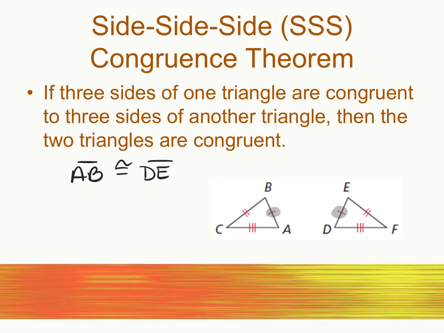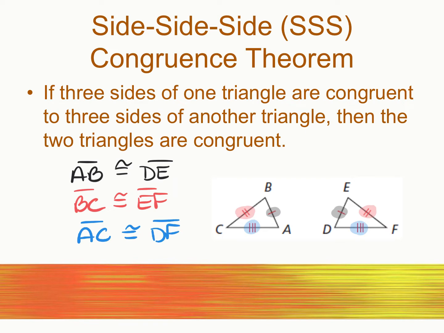Notice BC here has double, and so does EF. So then my next statement could be that BC is congruent to EF. And then lastly, the side with the 3 markings, AC and DF, are also congruent sides. So AC congruent to DF.